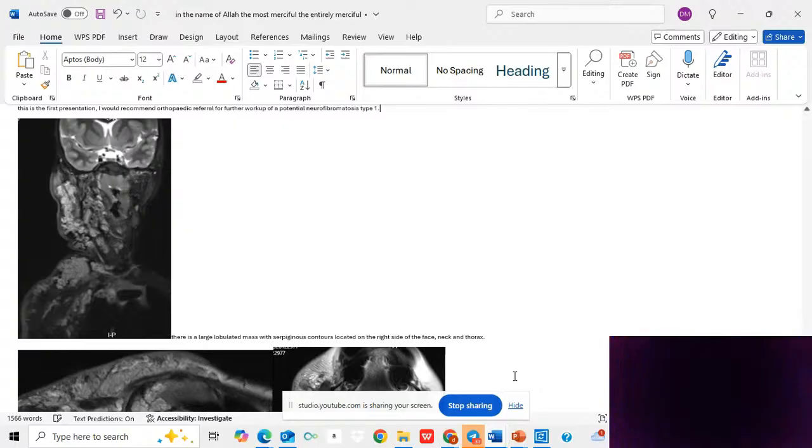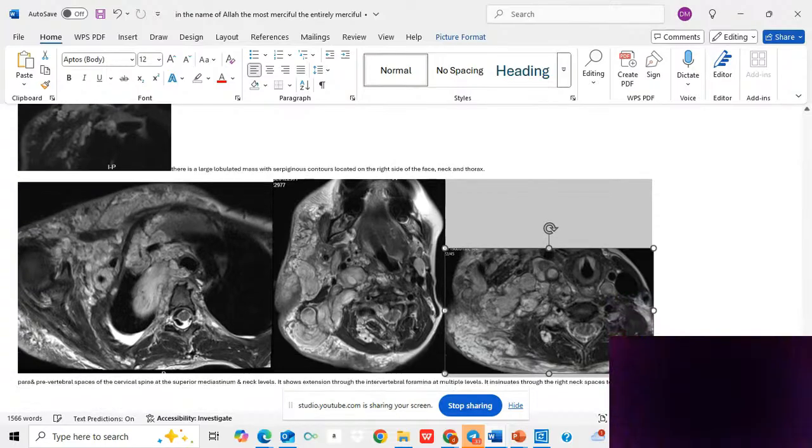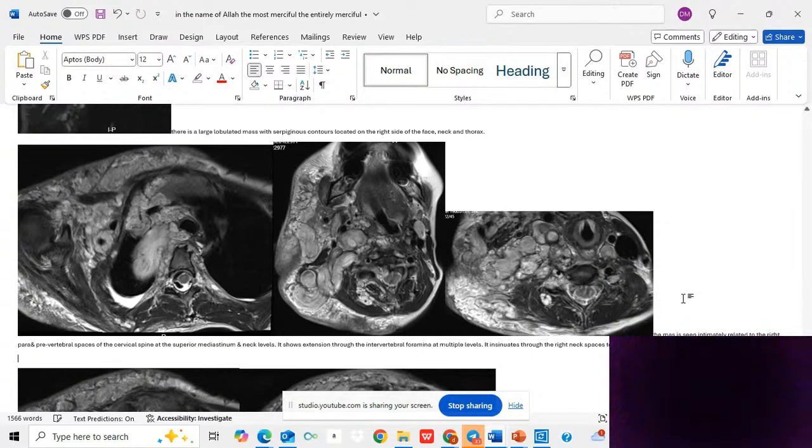Okay, let's see the next image of the same case. On axial images, you will just describe the mass from inside to outside.